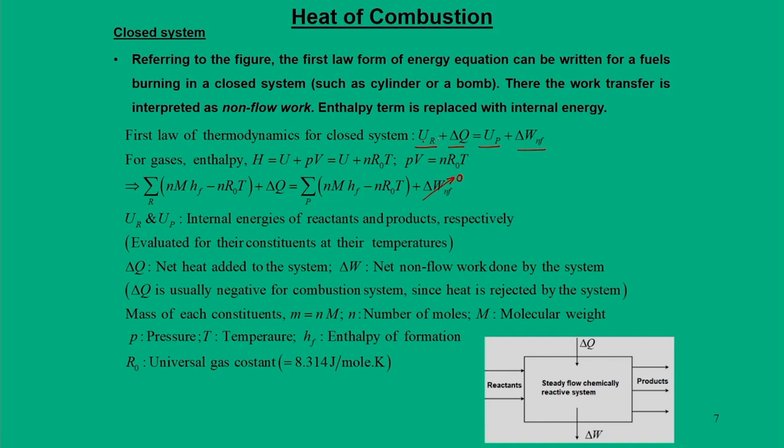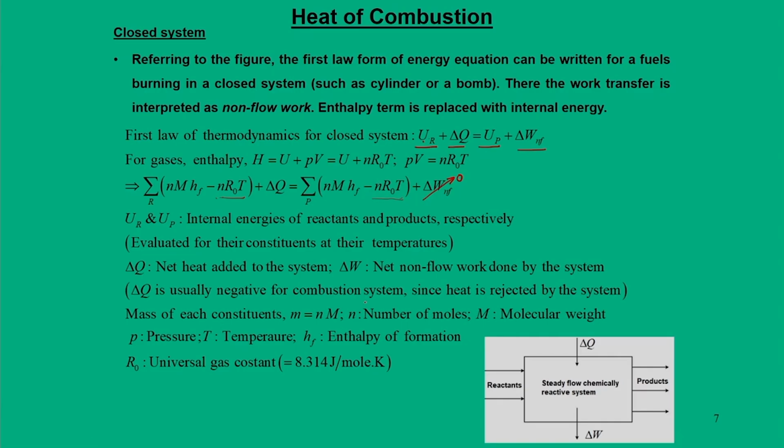Basically this U_R can be replaced as H minus PV, and PV, you can interpret as an ideal gas, we can write N R0 times T for reactants, and from the right hand side we can write this for products.